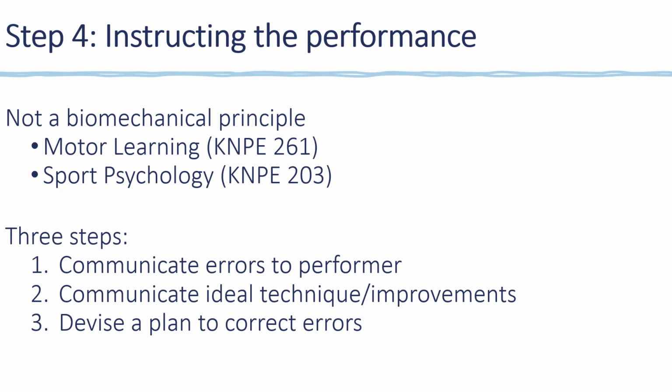So to correct errors in performance, you must do 3 things. First, you must clearly communicate to the athlete or the student what they did incorrectly. They need to know what they did wrongly, right? Then second, you clearly communicate what you want them to do. So what that ideal technique or that improvement would be. And then finally, you figure out how the performer can correct these errors.